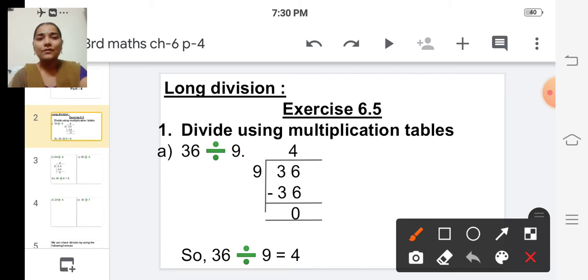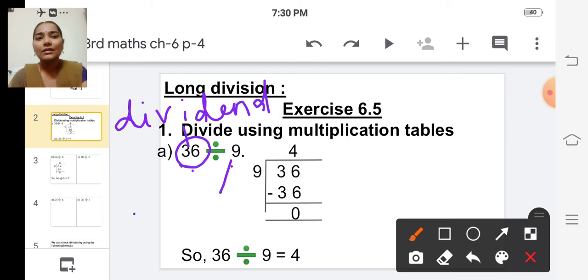So, first one, 36 divided by 9. 36 is the dividend, isn't it? And this 9 is the divisor.